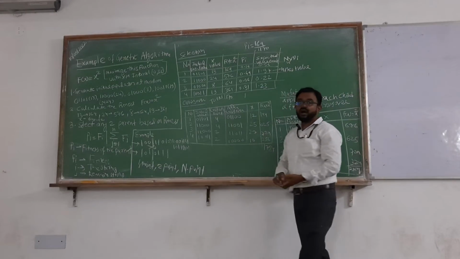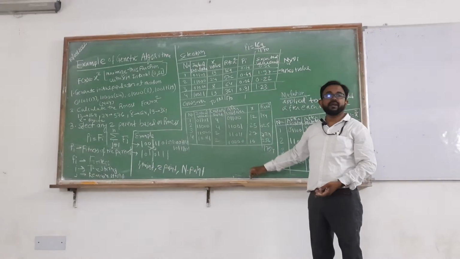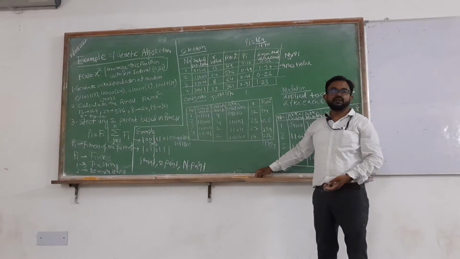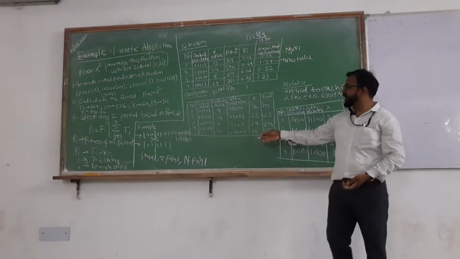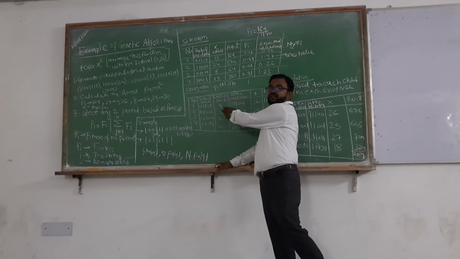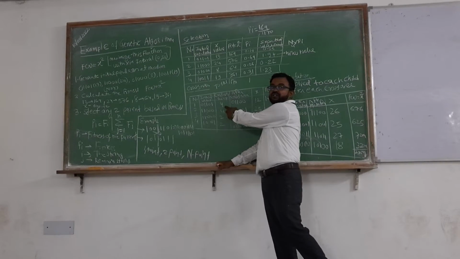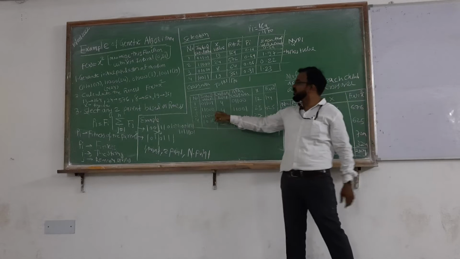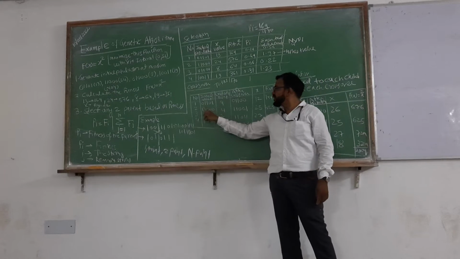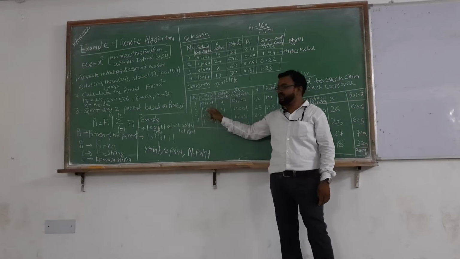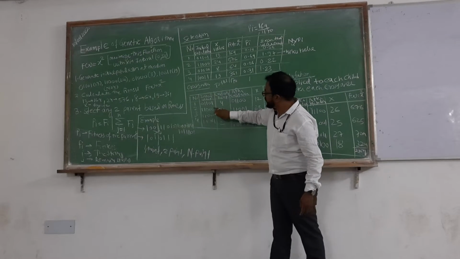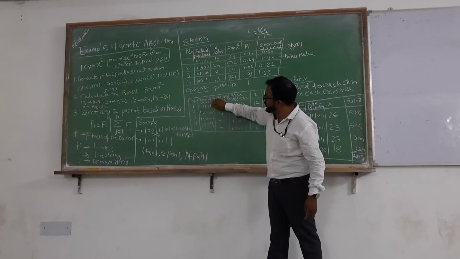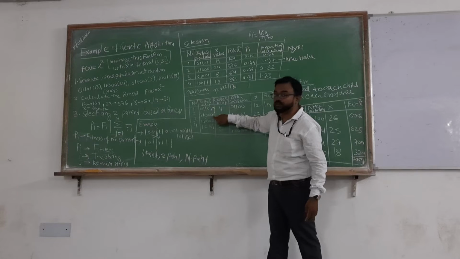So now after applying your cross points or crossovers, we can see how it can be applied over here: 0 0 0 and it is going to be 0. This 0 is going to be shifted here and this 1 is going to be shifted here.